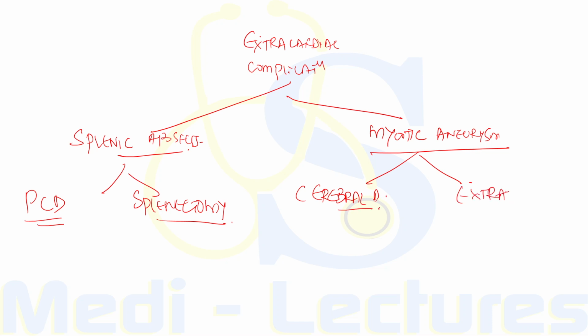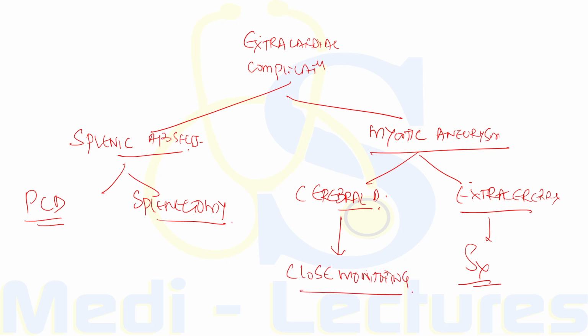Now for extracerebral, we can go for surgical treatment, but we cannot do surgery in each and every case of intracerebral mycotic aneurysm. So for this, we will go for close monitoring. If the size is increasing, then definitely we can go for surgery.